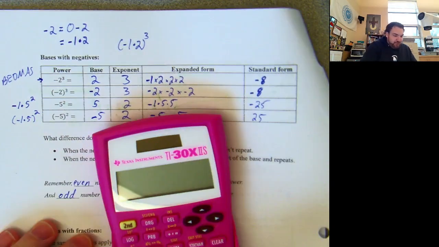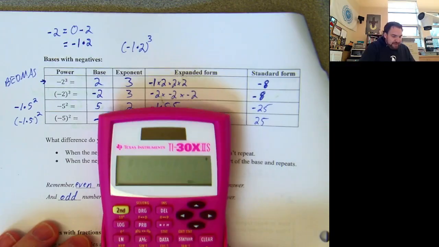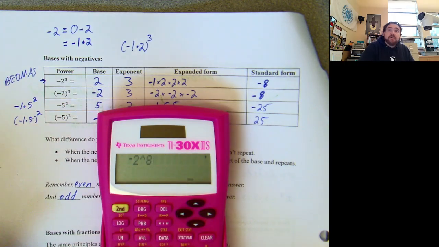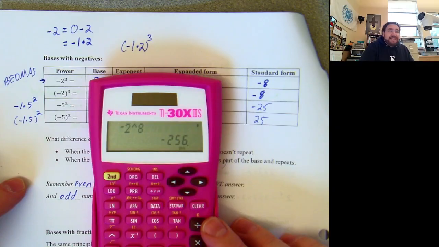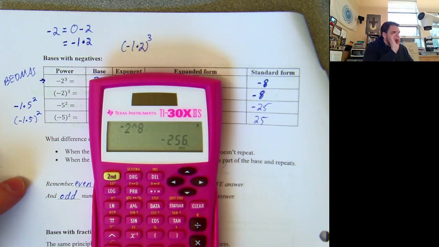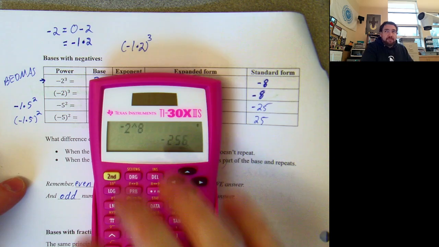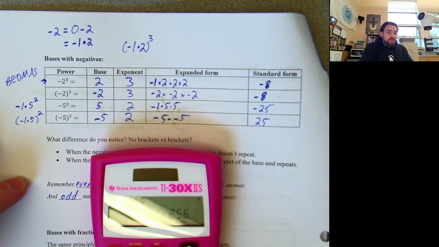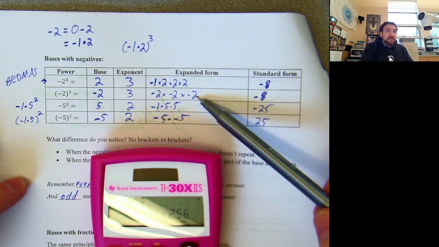Let's show you. If I write negative 2 to the 8, the result will be negative 256. If you're not really deliberate about how you handle these things, yeah? No, because I have an odd number of negatives here.